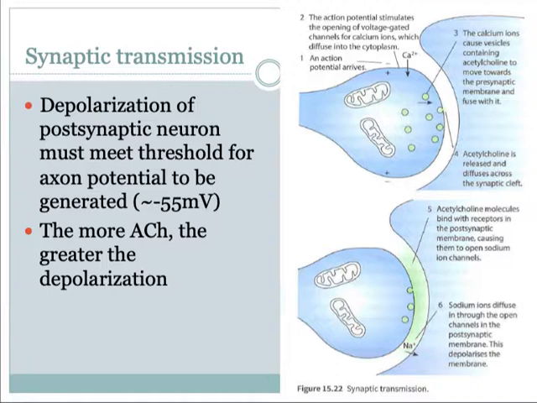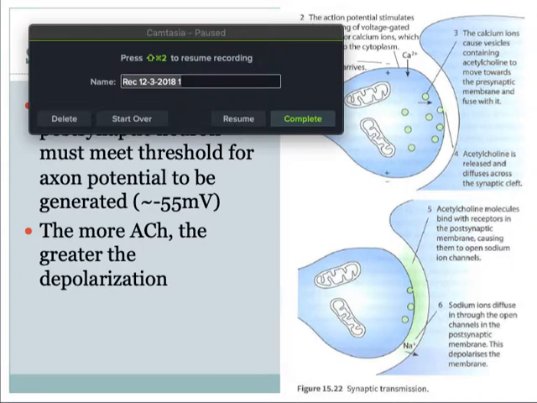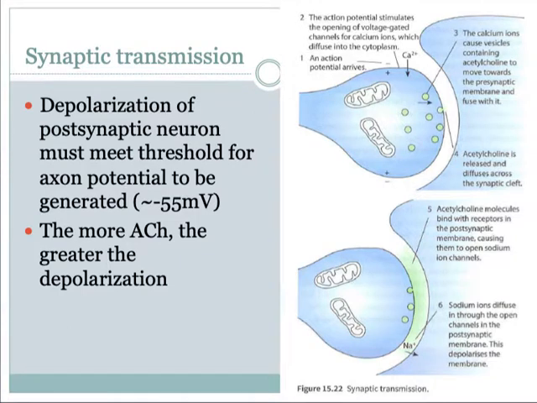And that ACH is then transported into the presynaptic vesicles, ready for the next action potential. And the entire sequence of events, from initial arrival of the action potential to the reformation of ACH, only takes 5 to 10 milliseconds.